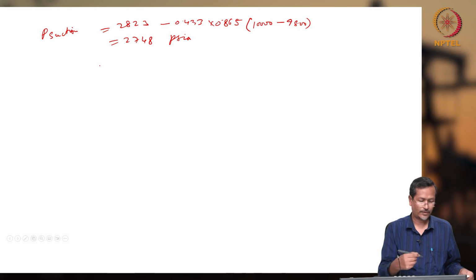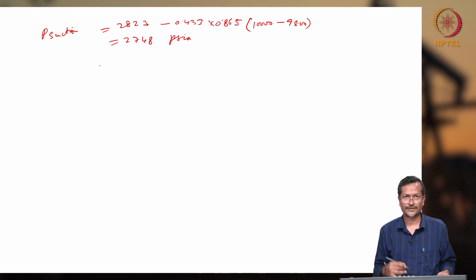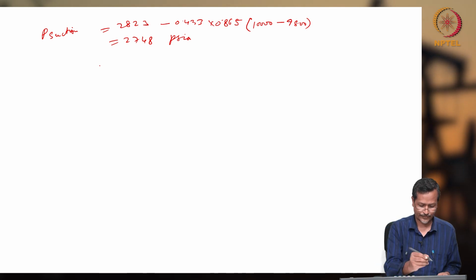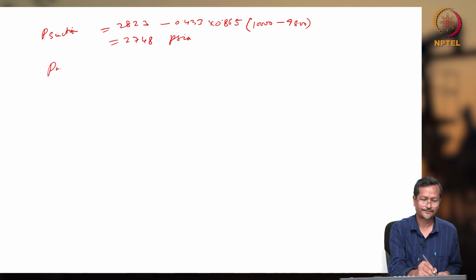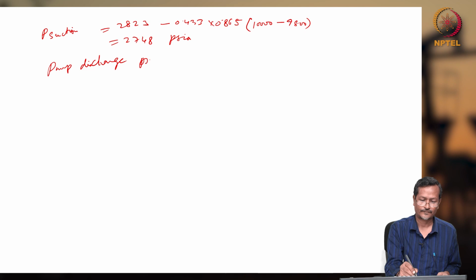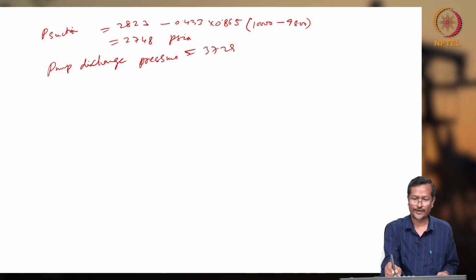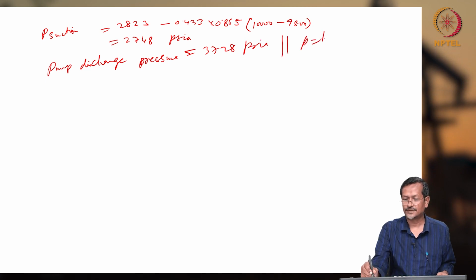Now you can use your pressure using Hegedorn-Brown relationship, but at this moment we are not using that multiphase relationship, rather we are going for a simpler one. So we are assuming that pump discharge pressure is 3728 psi. You can use P equals H rho G formula also for simplification.